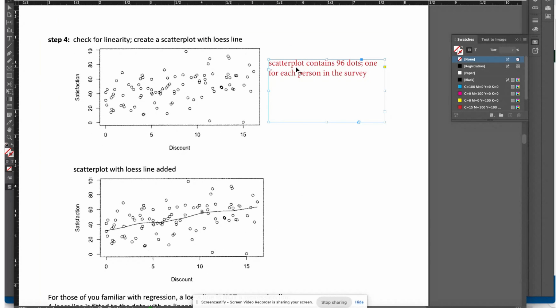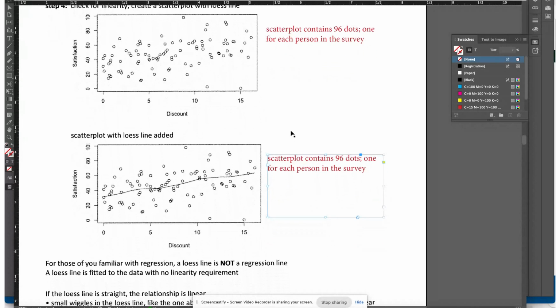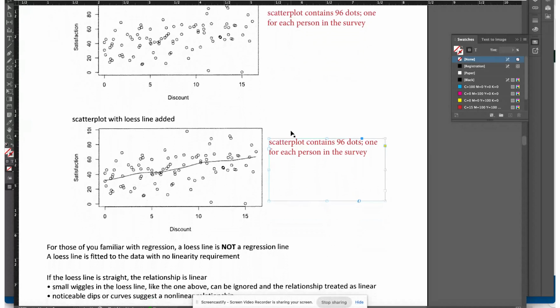And then what we do is put a lowess line on there. I'll put this note here and then I'll tell you more about that. The regression line has to be straight.